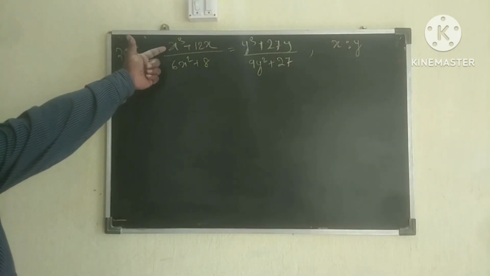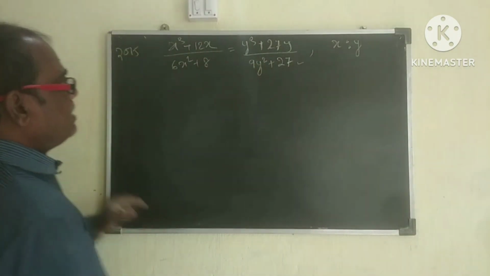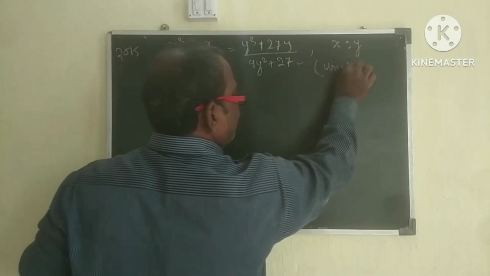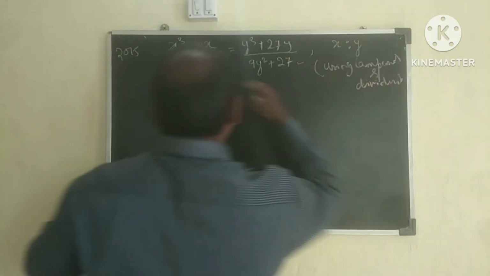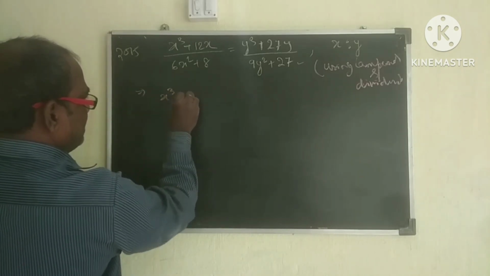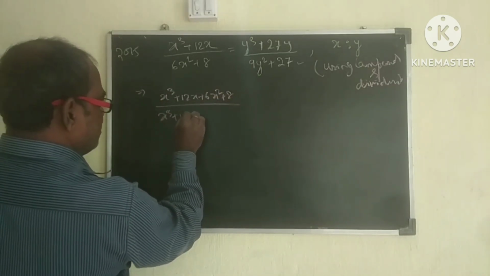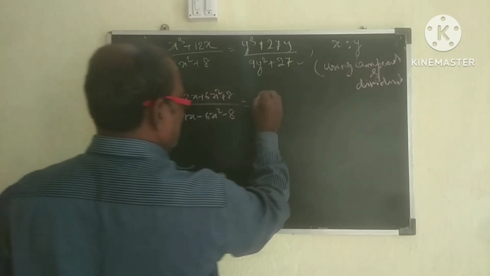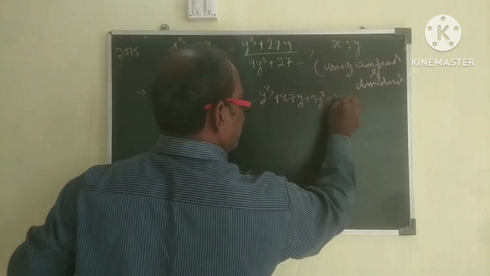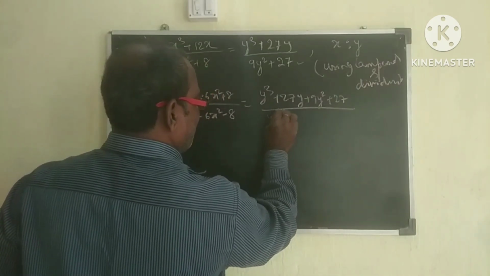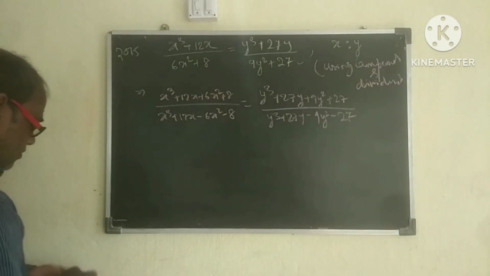The question is given here as x cube plus 12x by 6x square plus 8, and the same pattern is given on the other side. Now if you want to use the componendo and dividendo rule, then using componendo and dividendo, we get x cube plus 12x plus 6x square plus 8 by x cube plus 12x minus 6x square minus 8 is equal to y cube plus 27y plus 9y square plus 27 by y cube plus 27y minus 9y square minus 27.